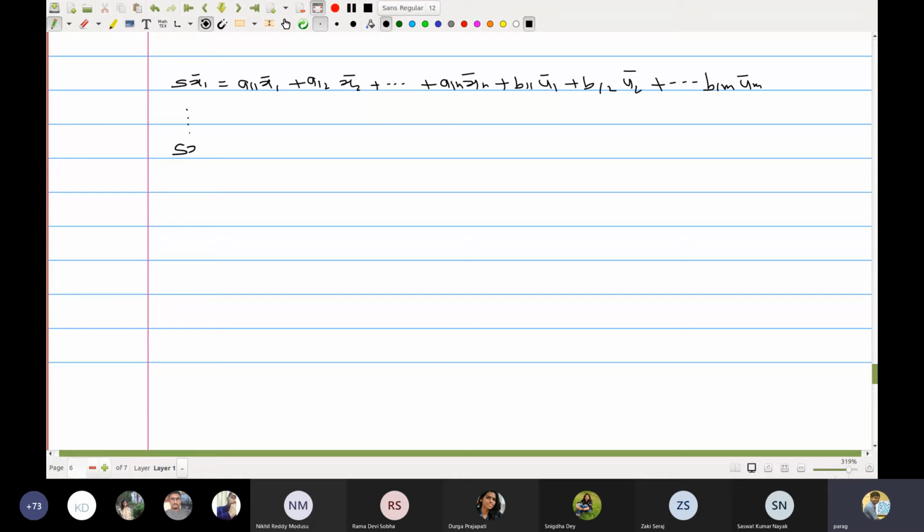So at least this: s xn bar equals an1 x1 bar plus an2 x2 bar up to ann xn bar plus bn1 u1 bar plus bn2 u2 bar up to bnm um bar, right?